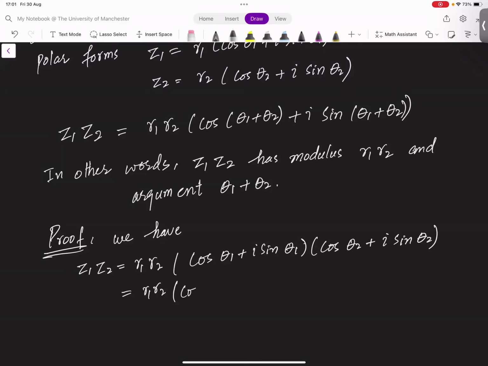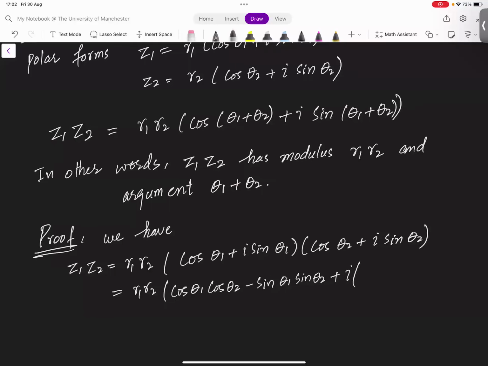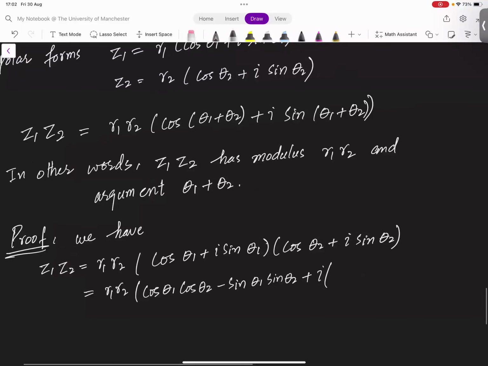So just see: cos theta 1 cos theta 2 minus sine theta 1 sine theta 2 plus iota, cos theta 1 sine theta 2 plus sine theta 1 cos theta 2. And there we can end this multiplication.